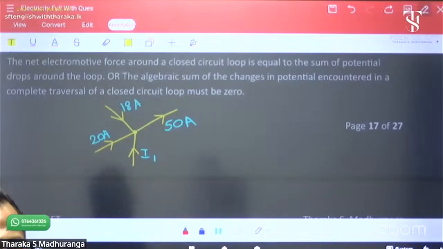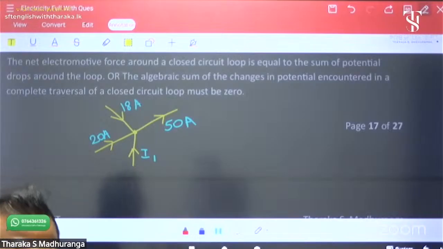Now you know the meaning of Kirchhoff's first law, no? Great. Very simple. It always explains electric current conservation or electric charge conservation in a unit time.